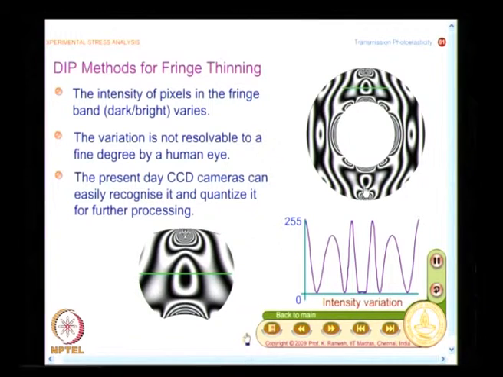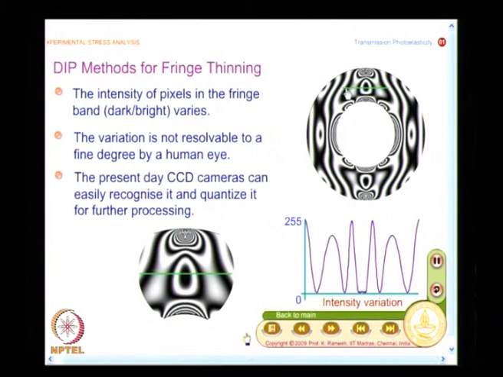I had already mentioned the fringe features are very complex in the case of a ring under diametric compression, and if you know how to order the fringes, then you fairly understand how to go about a generic problem. So, this is the load application point.